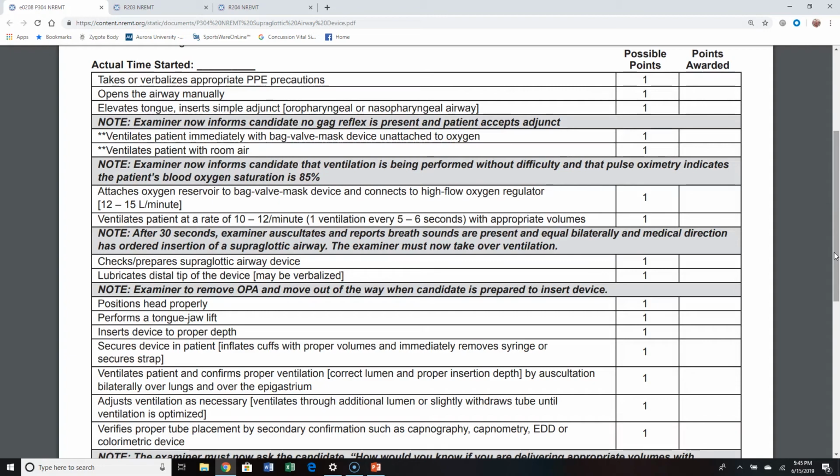Unfortunately, these devices tend to be very expensive and somewhat cost-prohibitive for us as athletic trainers. We adjust our ventilations after we've verified placement by moving the tube around as needed. That's especially the case for something like a King LT, because you place it to a certain depth and figure out if you're getting the chest rise you're looking for.